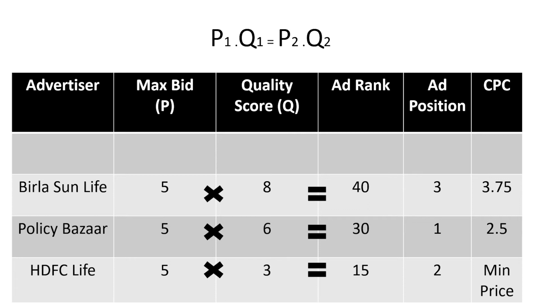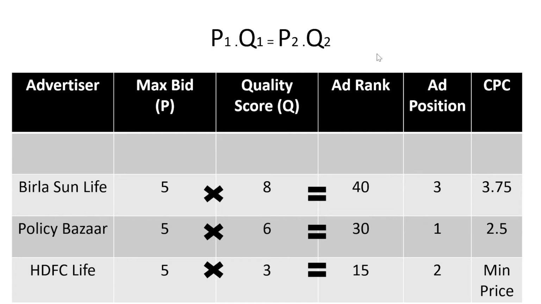Ad rank, as I said, is price multiplied by quality score. So in this case, the ad rank for Birla, Policy Bazaar, and HDFC Life is 40, 30, and 15 respectively. And the ad position here is, this is a typo in here. The ad position is 1 for Birla Sun Life, 2 for Policy Bazaar, 3 for HDFC Life, right?